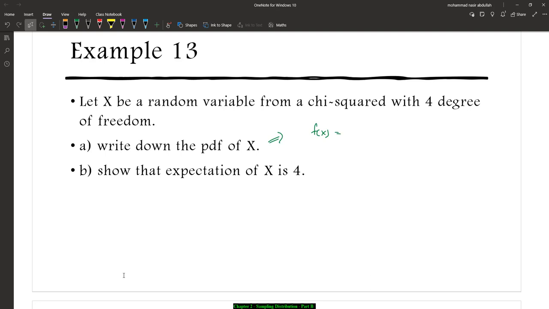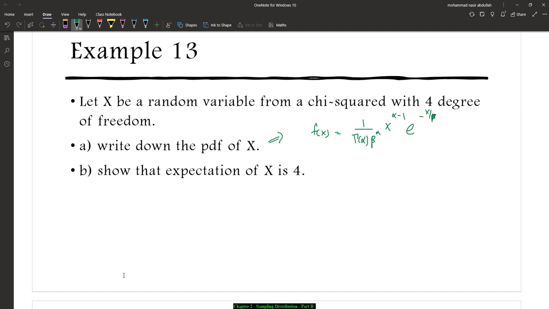Remember chi-squared came from a gamma distribution, so 1 over gamma alpha, beta alpha, x alpha minus 1, exponential negative x divided by beta, right?